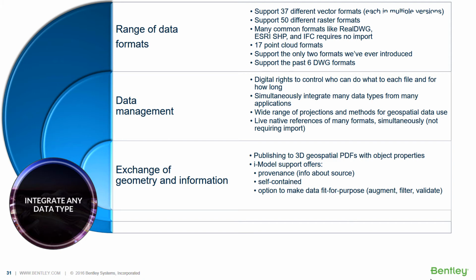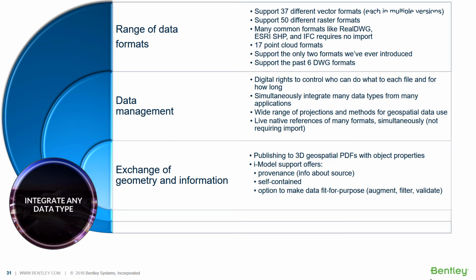It's native to MicroStation. DWG is native to MicroStation, as well as SHP, just as DGN is native to MicroStation. It's our format. But because we use the real libraries, you're not doing any translating here. They're native. We continue to support both versions of DGN and the last 6 versions of DWG.